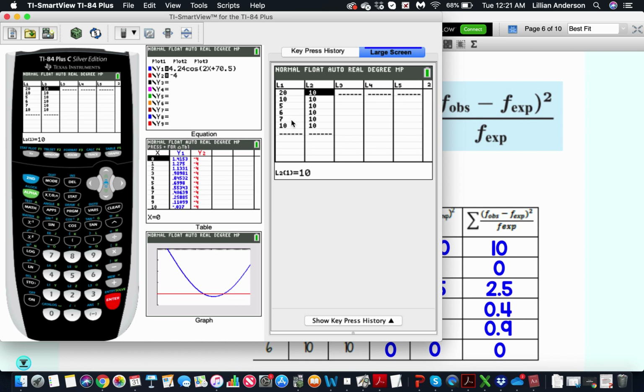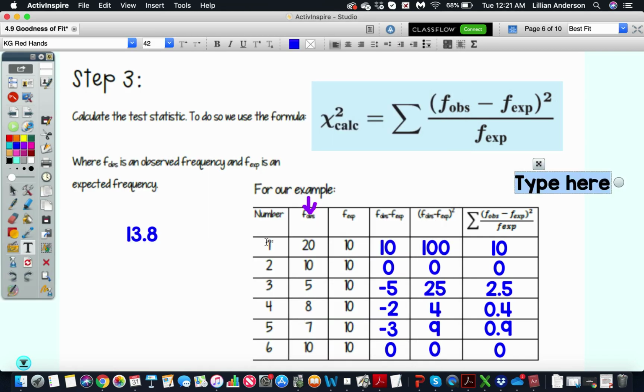In L1 you put your observed data, and L2 is your expected, the same way it was in the table. Go ahead right now in your calculator and type that in, L1 and L2.